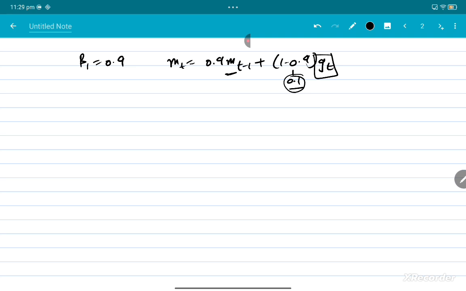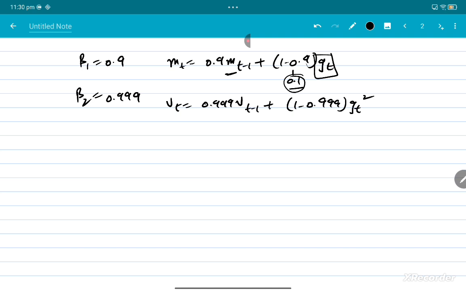Similarly, for the second moment we have beta 2, which in general is 0.999. So v_t is 0.999 times v_(t-1) plus (1 minus 0.999) times g_t squared. This v_t now builds a very strong, long-range memory of how large the gradients have been for each parameter.